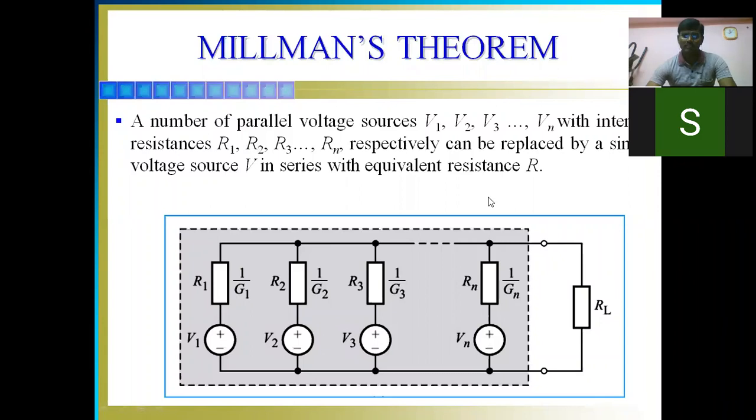As the theorem states, all these voltage sources with their internal resistances can be replaced by a simple voltage source in series with a resistance. Then how do we calculate its equivalent voltage and equivalent resistance?